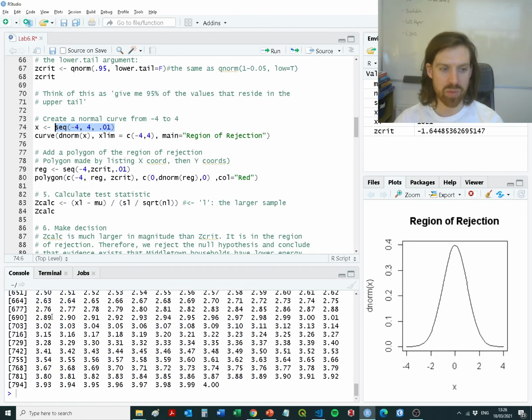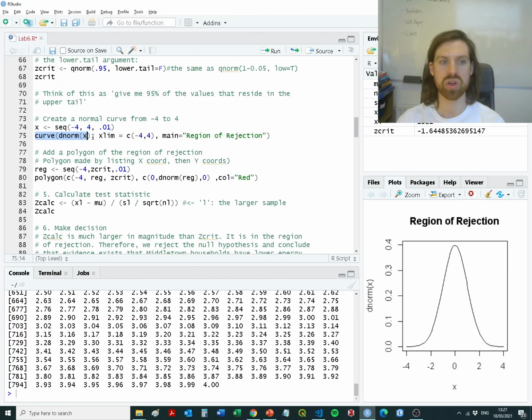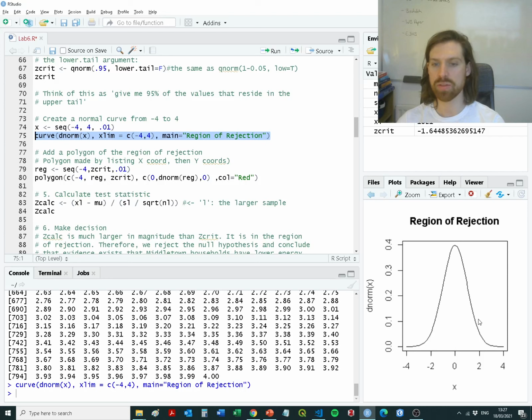When we do that, we get a really long array of numbers, and we can input that into a curve function here with all of these values, and we can generate this curve quite easily. So we've got all of the standardized scores on the x-axis here, the number of standard deviations above or below the mean, depending on which side we're on.